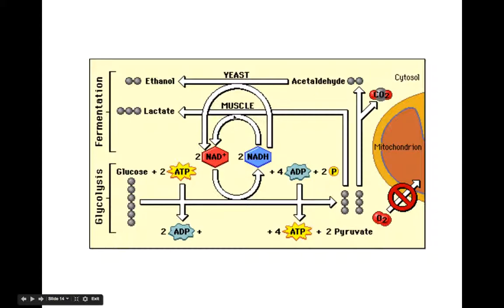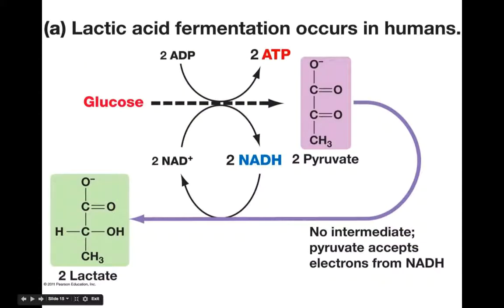Yes. But as you can see, we can feed those NAD plus molecules back into the glycolysis pathway. So it's a way for our cells to quickly regenerate electron acceptors, NAD plus molecules, so we can keep this energy pathway going. So this shows you the pathway again of lactic acid.